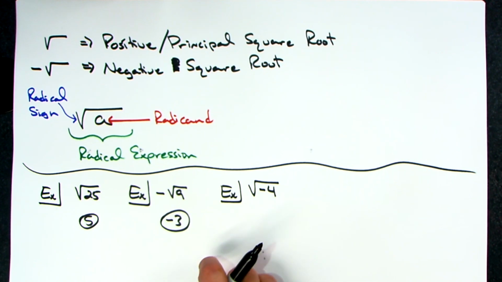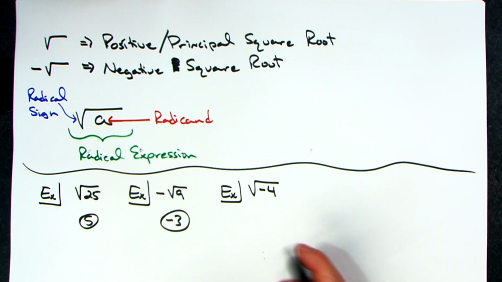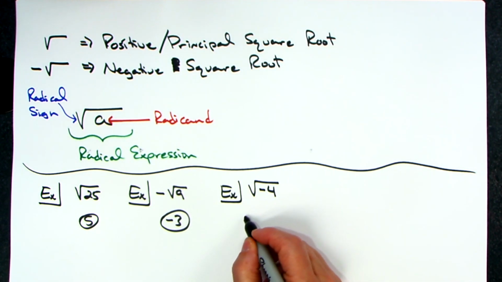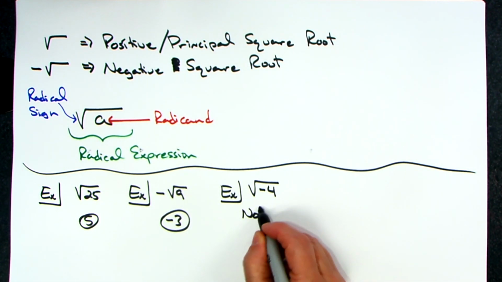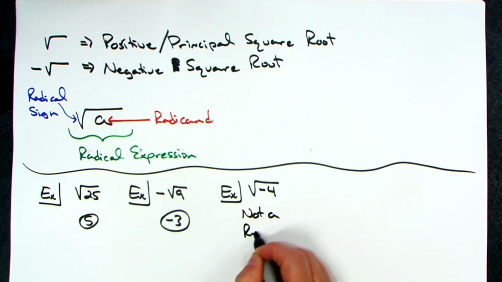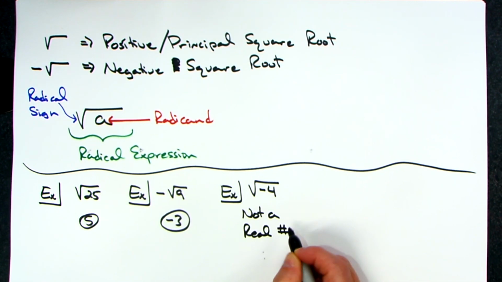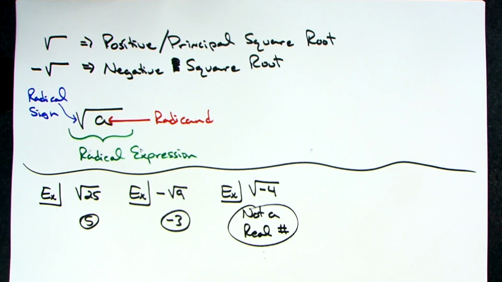However, in this first section, they are assuming you don't know anything about imaginary numbers. So what you're going to write down on your graded homework is "not a real number," which is a true statement, because 2i is an imaginary number. So writing not a real number is an acceptable answer. That's what you need to do in this very first section.